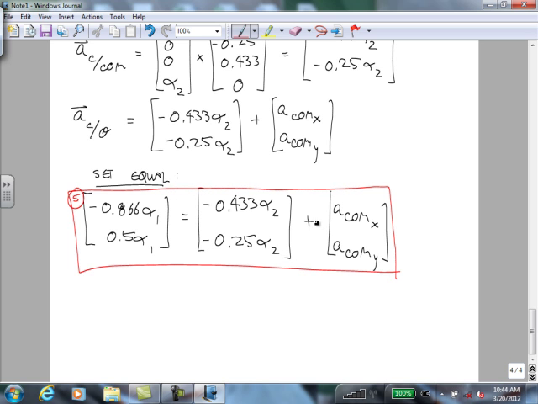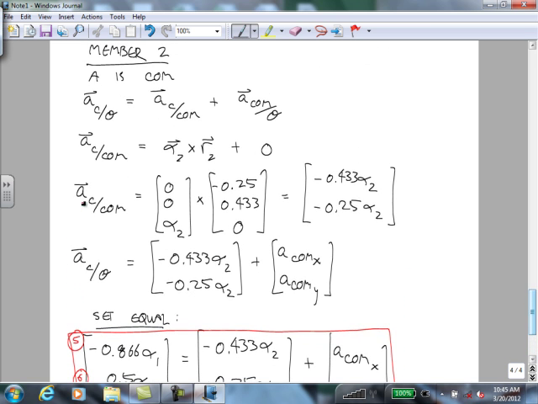Yep. First acceleration we calculated was the acceleration of C according to the first body. Right. And the stuff after that was calculating the acceleration of C according to member 2. But to do that, we had to use the relative motion equation and the rotation equation.